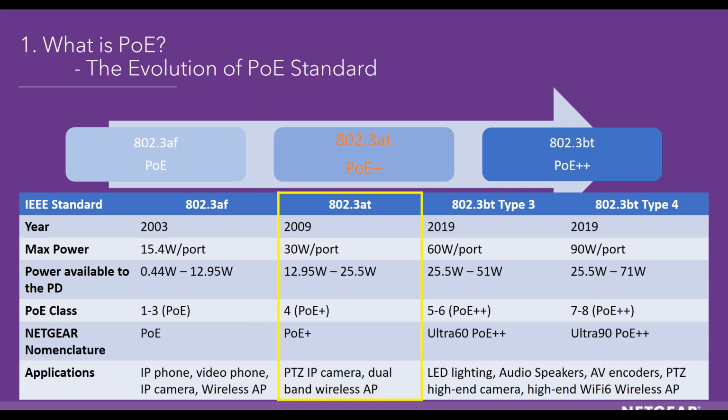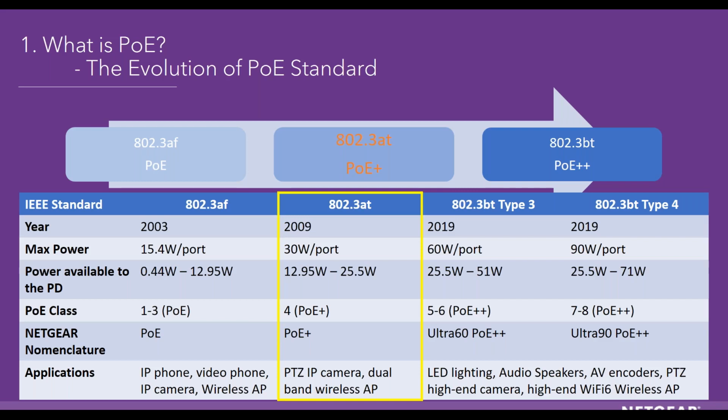The latest update is PoE Plus Plus, which is IEEE 802.3bt. Under this standard, there are two types, Type 3 and Type 4. Type 3 provides up to 60 watts per port, and Type 4 can offer up to 90 watts per port.